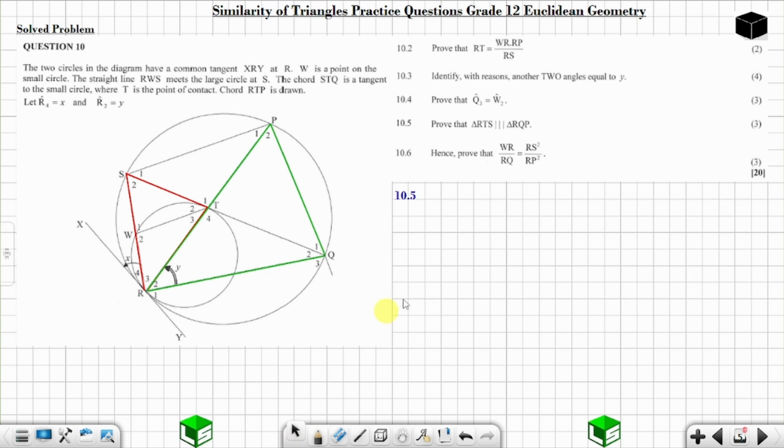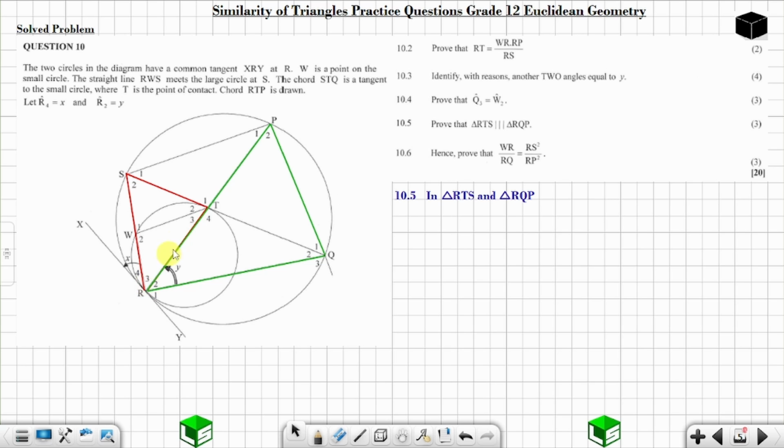Okay, so you have to prove that the two triangles are similar. Okay, this triangle and this triangle. So to prove that the two triangles are similar, you have to use the similarity property angle, angle, angle. Okay, you have to show that three angles in one triangle are equal to three angles in another triangle. So we are going to work in triangle RTS and triangle RQP.